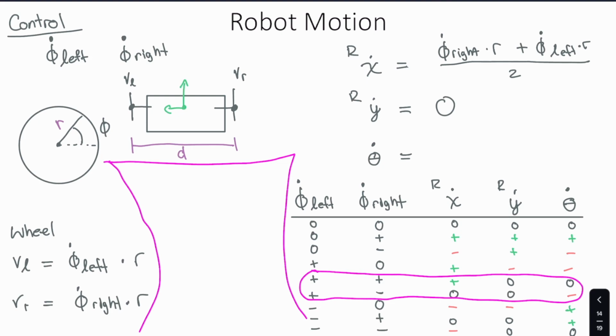Imagine our robot is sitting like this with its two wheels, and just one wheel is rotating. Let's say it's the right wheel. So in that case, we would say VL is equal to 0, and VR is equal to, let's just say, 1 radian per second. What happens is we pivot around this point and trace out an arc.